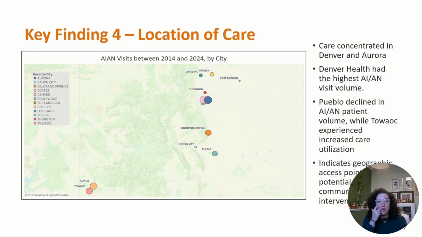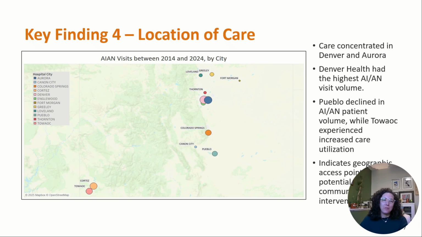Geography tells another important part of the story. As you can see from this slide and this map, most care happens in Denver and Aurora, often through safety net systems like Denver Health. Pueblo saw declines, while, I apologize, I am not great at pronouncing this, near the Ute Mountain Ute tribe saw increases.